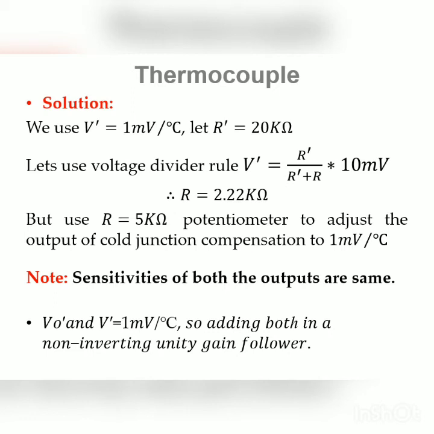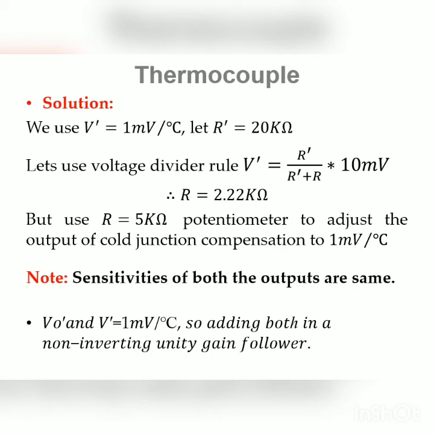Once both circuits, that is the two-stage circuit and the temperature compensation circuit designed with the help of LM35, have the same sensitivities, it becomes a simple summation of the two outputs.